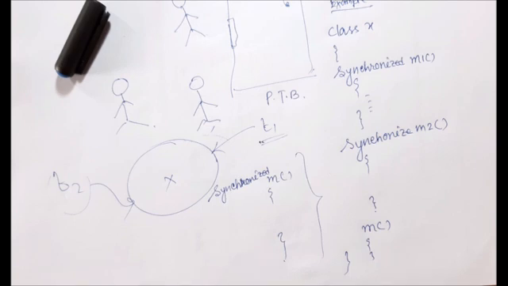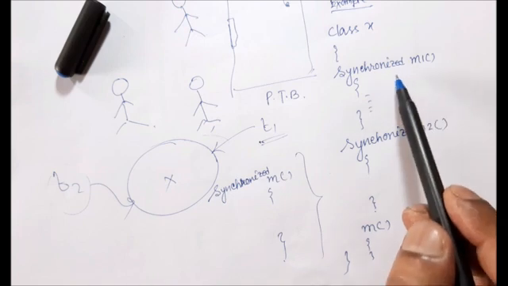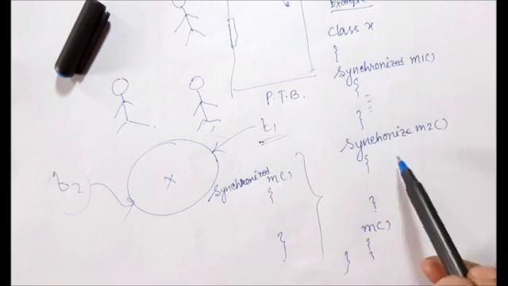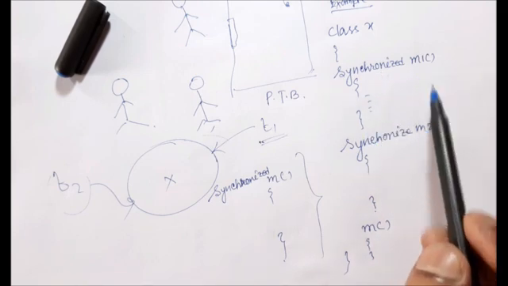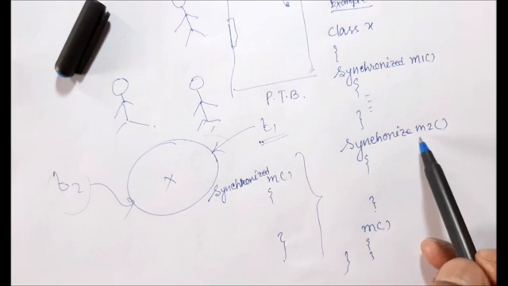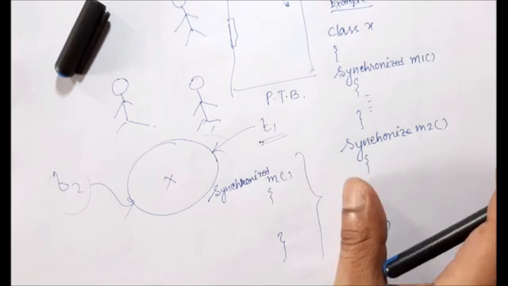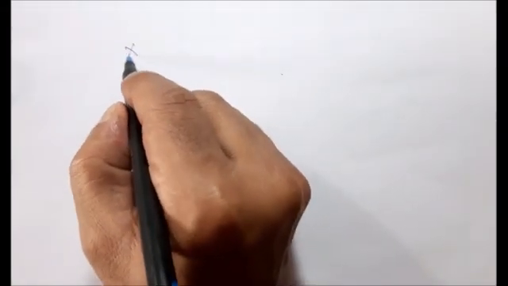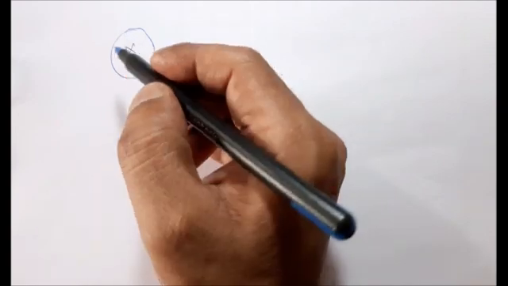Now the question is whether these methods M1 and M2 will be accessed by some other thread or the same thread, based on the same object. So, suppose X is my particular object.